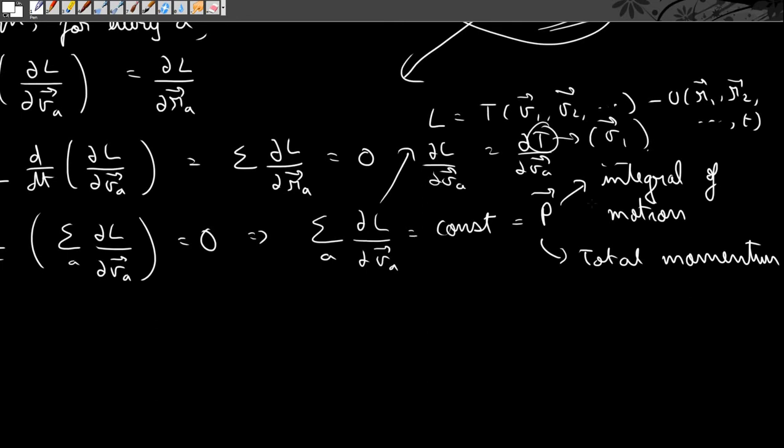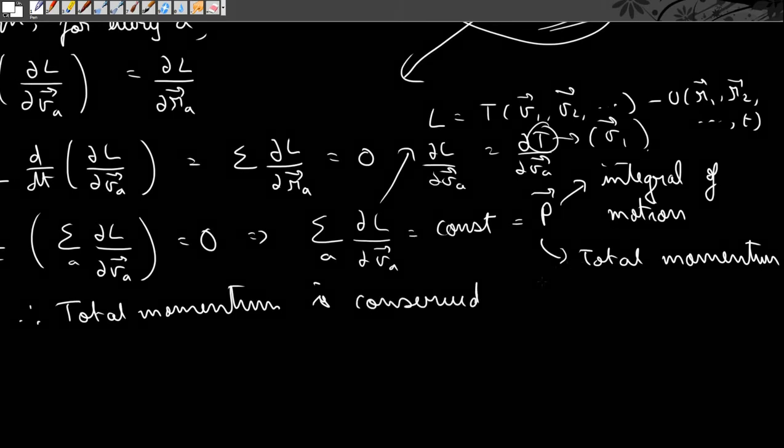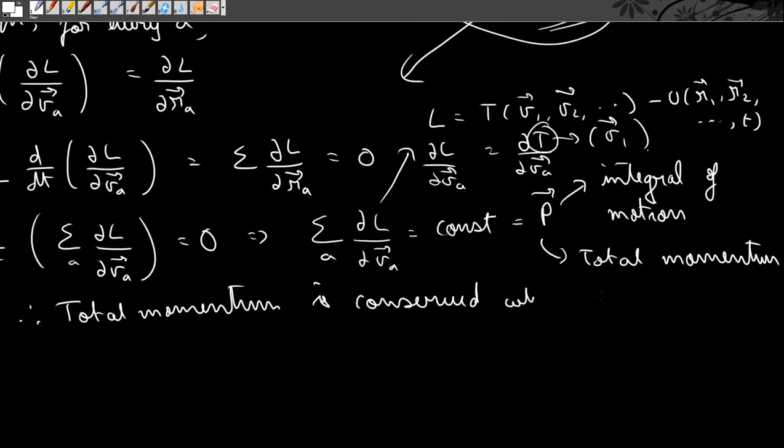So when is this constant, or in other words conserved? Total momentum is conserved when summation over a dou L by dou Ra vector is equal to 0. So this is the condition for the total momentum to be conserved.